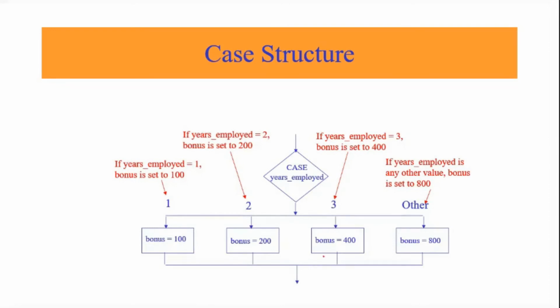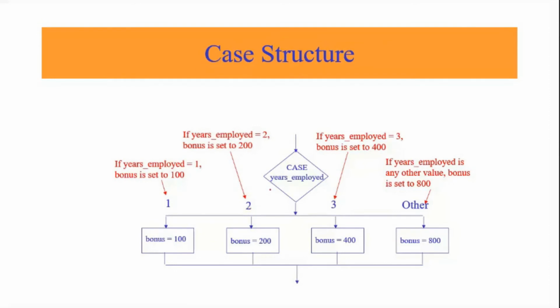A case structure is like this: a case, years employed, that is, we consider the value of this particular variable, years employed. The years employed can be 1, 2, 3 or some other value. So there are only 4 options available for years employed. If 1 is happening, the action should be something.